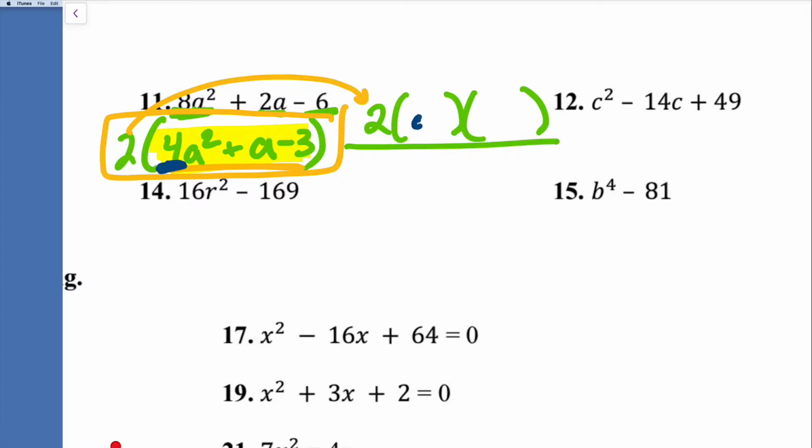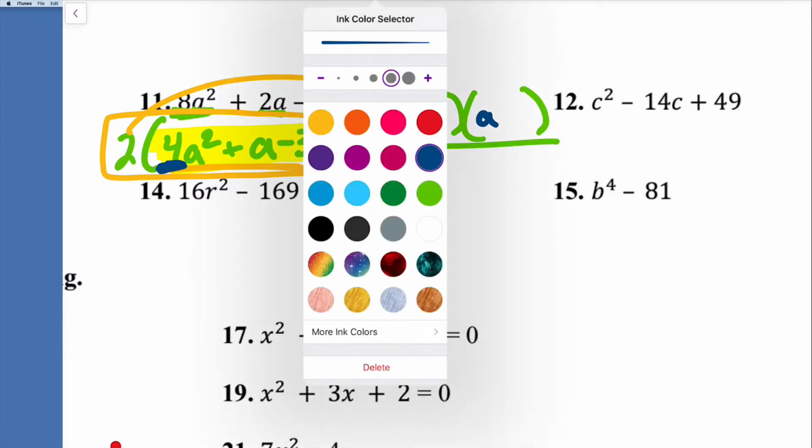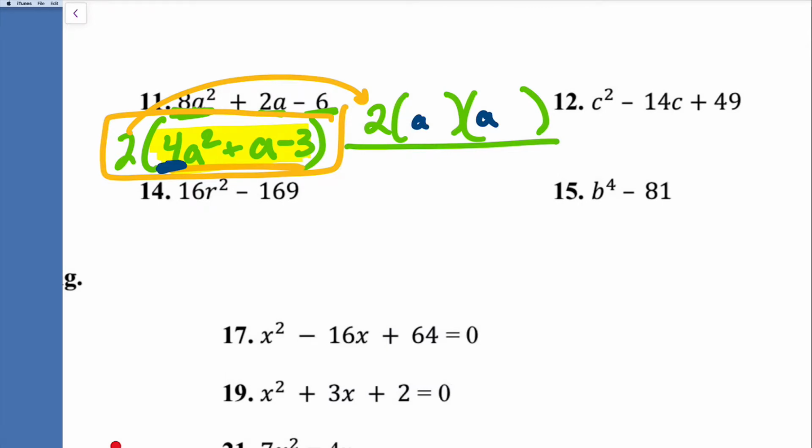So that means I have an a and an a, and I know that's going to give me an a squared. But I can have a 2 and a 2, because that'll give me 4, or it can be just a 4 and a 1. And I'm just going to go ahead and guess a 4 and a 1 for now. That might be wrong, but we'll see.